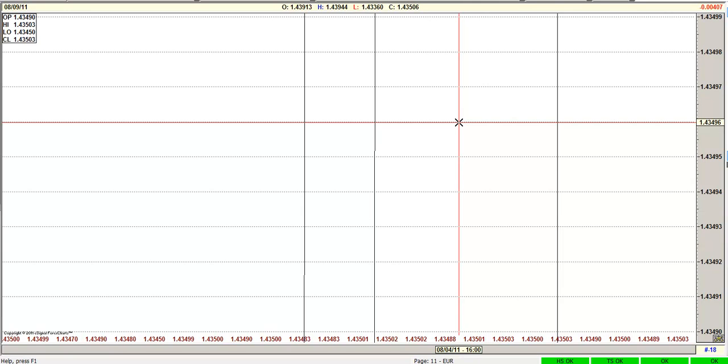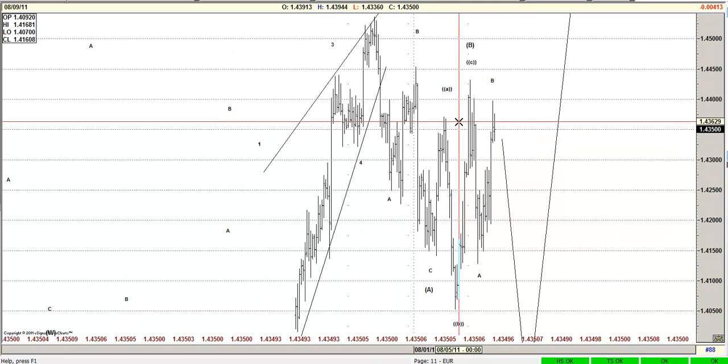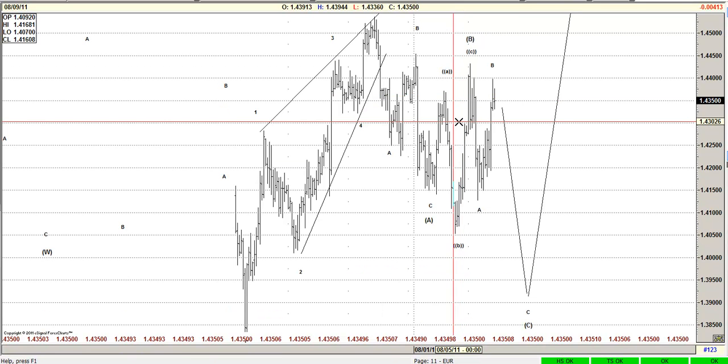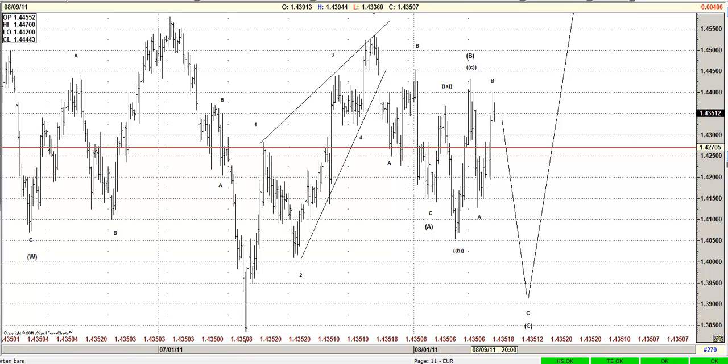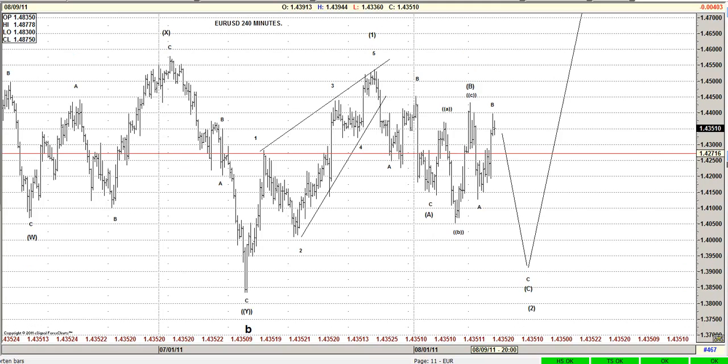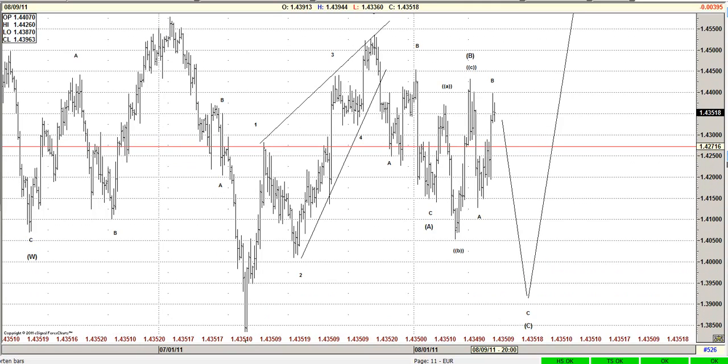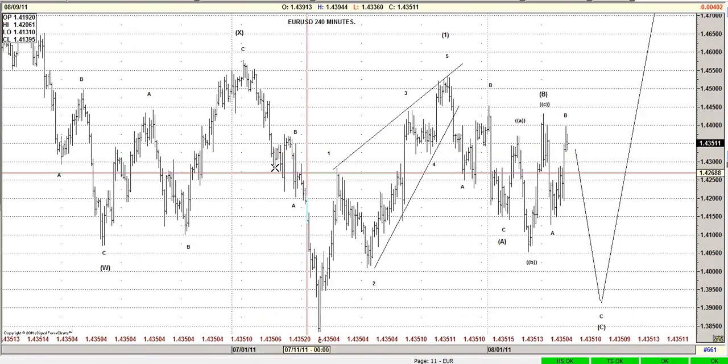It's being unbelievably choppy, unbelievably unstable. I still believe, like I said on Sunday, that there is no correction in 5 waves. I still believe that there are 2 scenarios on the euro.